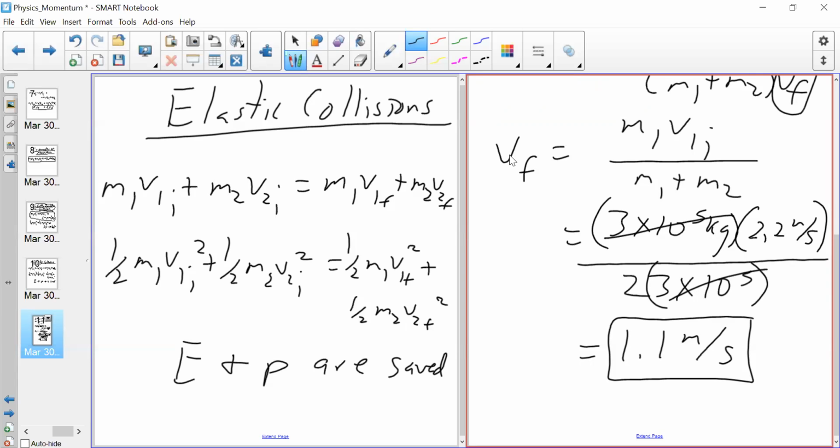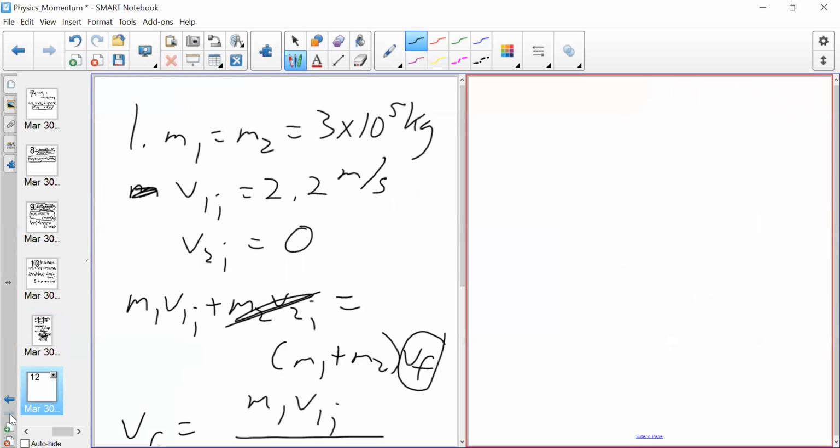As a check for this one, why don't we see, for example, if the energy is saved or not in the perfectly inelastic case before I push you off. Okay, so let's see our claim, our hypothesis, if you will.